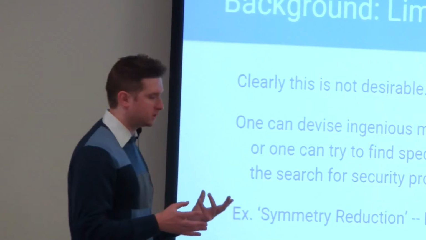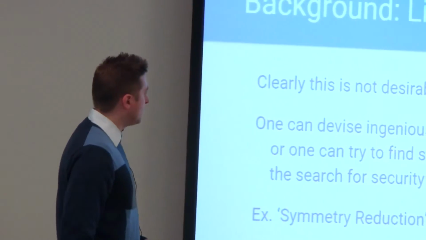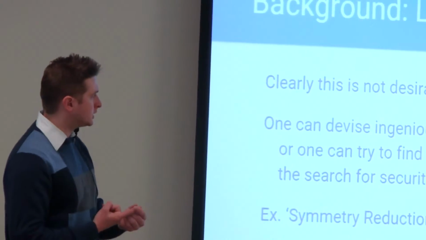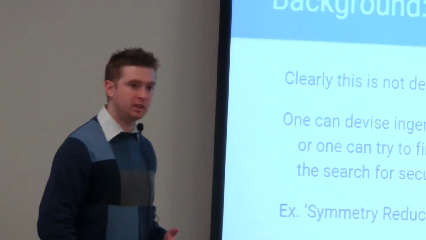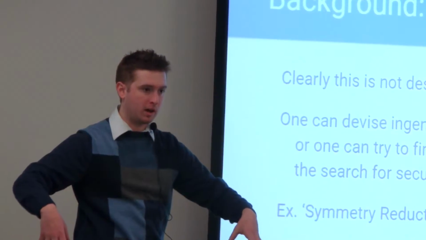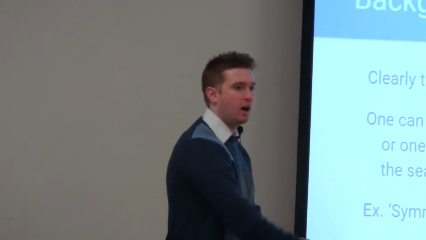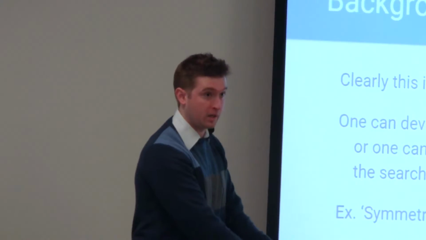So there are two main approaches to this within the formal logic camp. You can either devise ingenious mathematics to reduce the size of the state space. It's the equivalent of saying, okay, here's your tree that is 2 to the n long, and then chopping down the right branches of the tree.